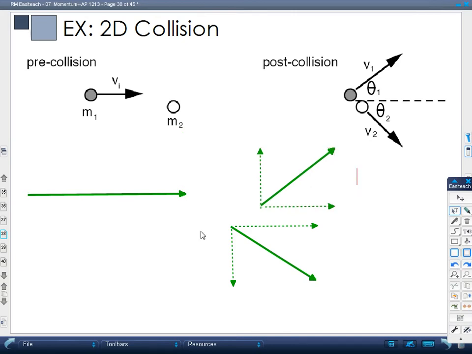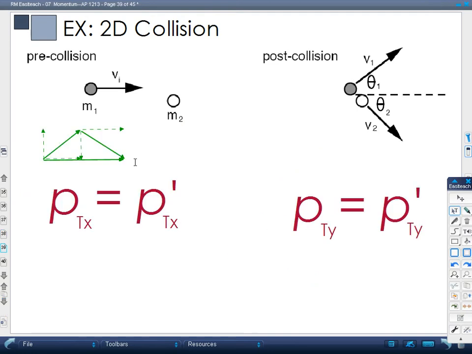I'm going to take a little bit of a hybrid geometric and algebraic view. The main principle here is still the same. Total momentum is conserved. And it's important to remember total momentum. In this case, the total momentum is going to be just for this gray mass right here in the beginning, because there's no momentum due to this thing.